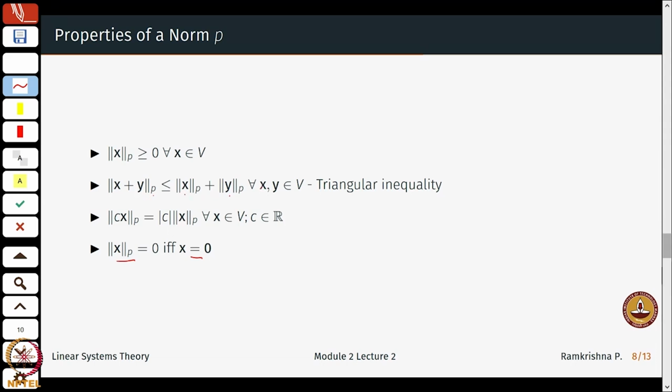We will derive this in one of the tutorial classes which my TA will be doing shortly. Similarly, take a scalar c multiplied by x, the norm would be the modulus of c times the norm of x. It is not always necessary that c should belong to R. c can also belong to the set of complex numbers, where the mod of c would just be the magnitude of the complex number.